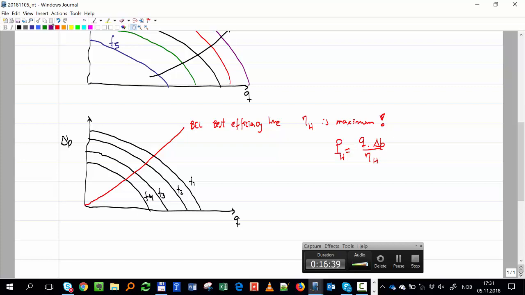And there are two more lines that we have to be careful with. One of them is called down thrust. And there is another line on this side that is called up thrust.